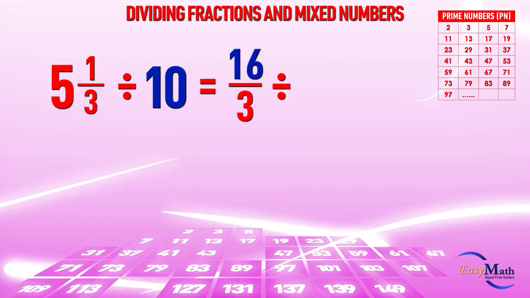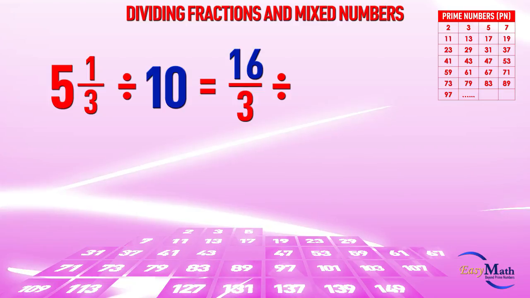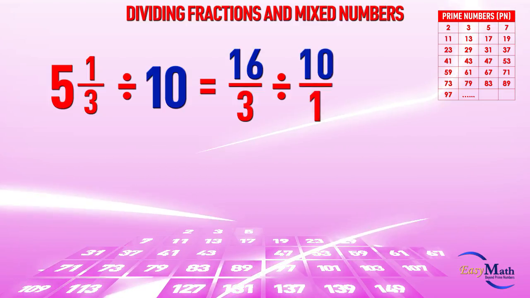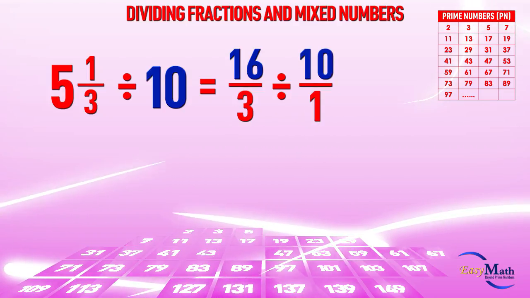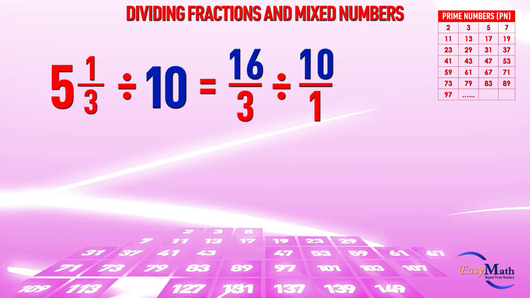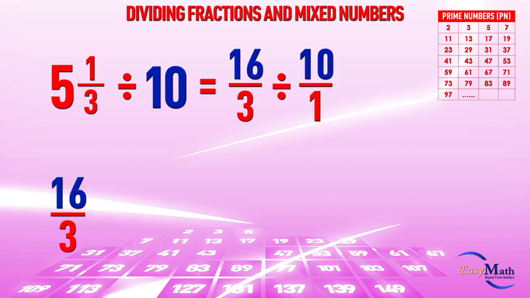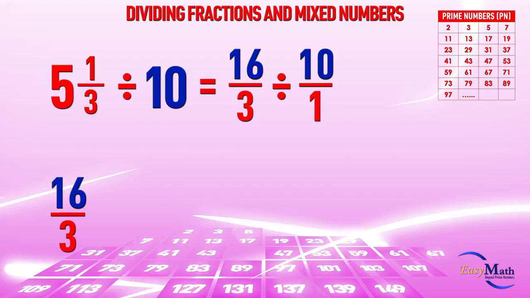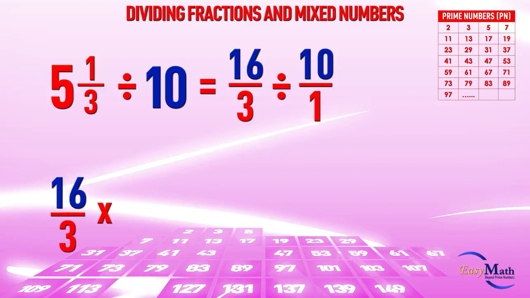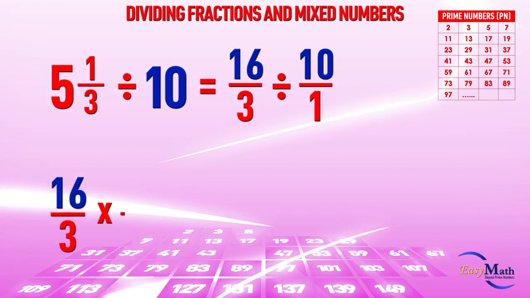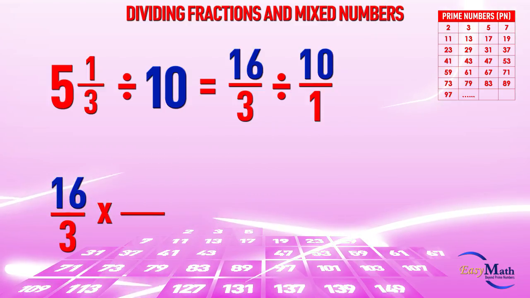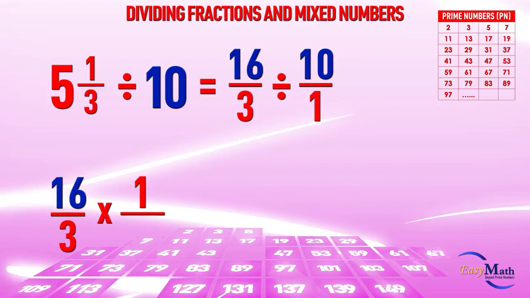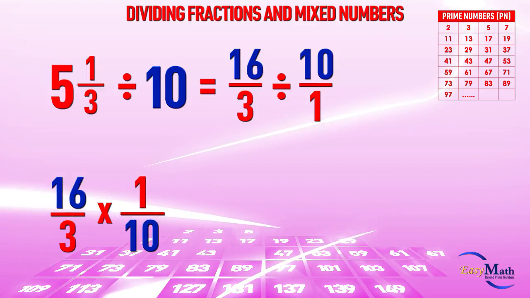Then we're going to turn 10 into an improper fraction, which is 10 over 1. Now we want to change this into a multiplication problem. So let's bring the 16 over 3 over here. Let's turn that division symbol into a multiplication symbol. And then let's take the reciprocal, or the inverse, of 10 over 1, which is 1 over 10.